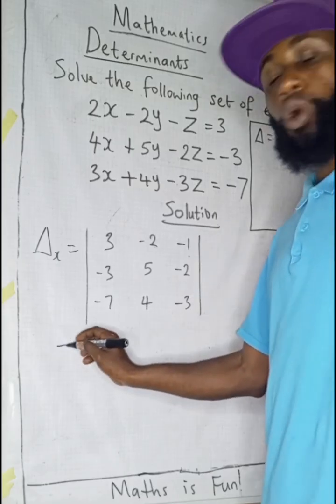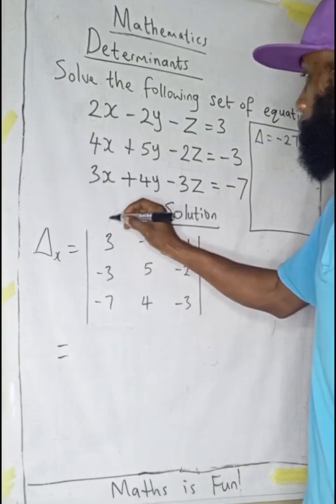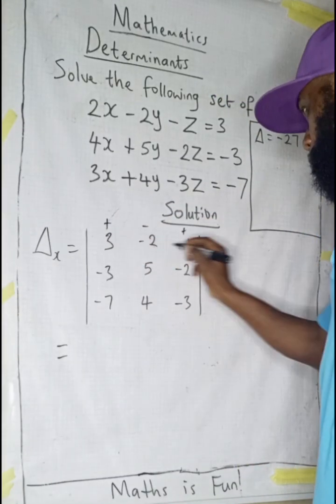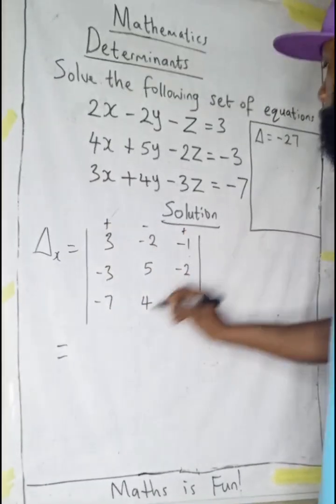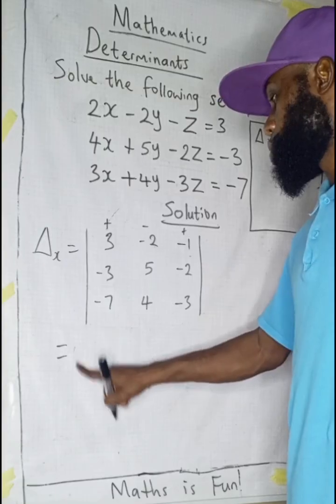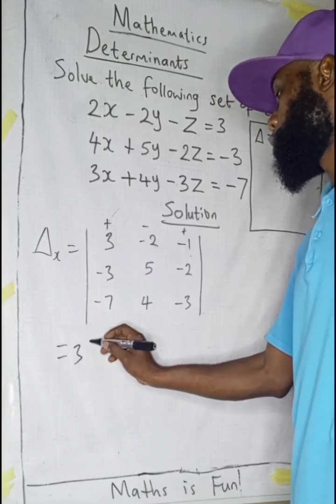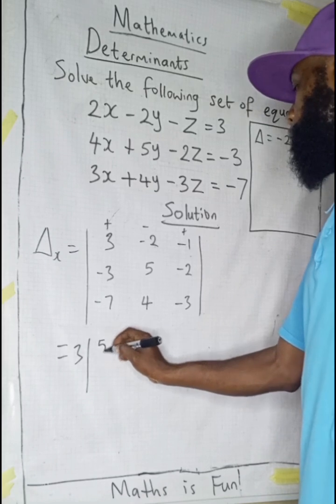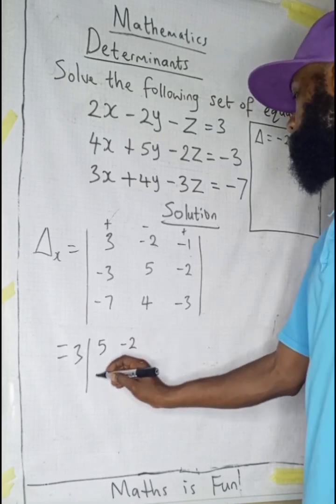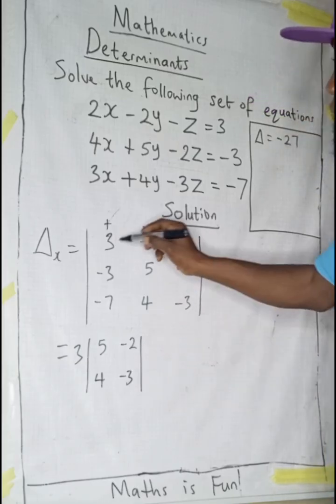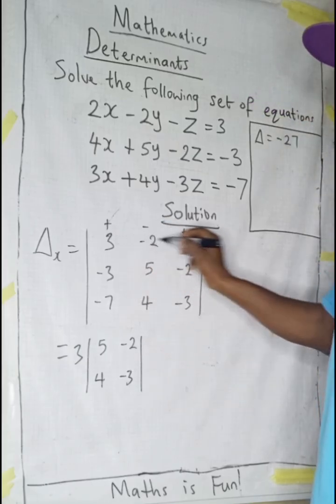So that will be equal to the same thing, plus, minus, and plus. So let's expand again using row 1. Row 1, that's to say we have plus 3, or simply 3. Then ignore here and here. That will be 5, minus 2, 4, minus 3. So we ignore where the 3 is, the column and the row.